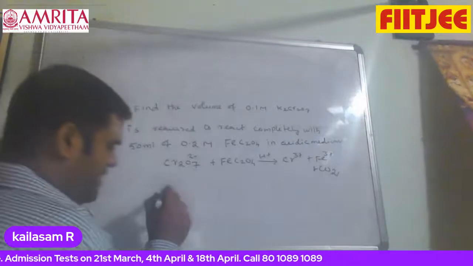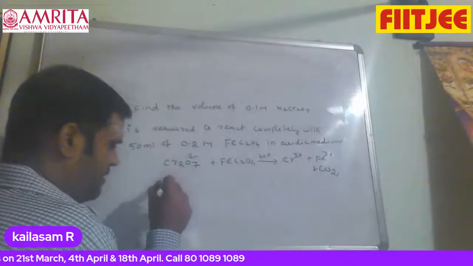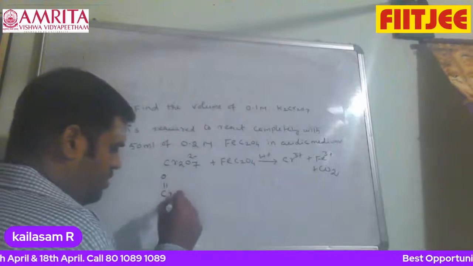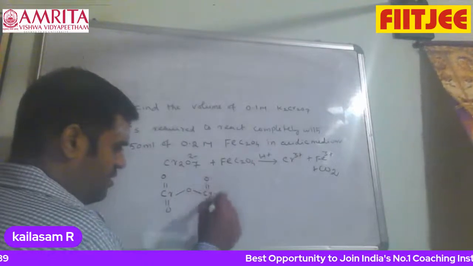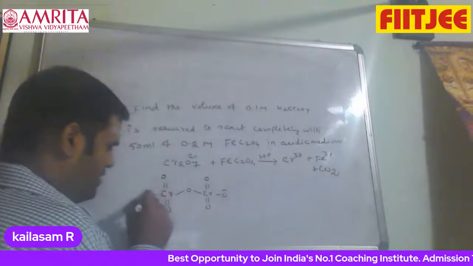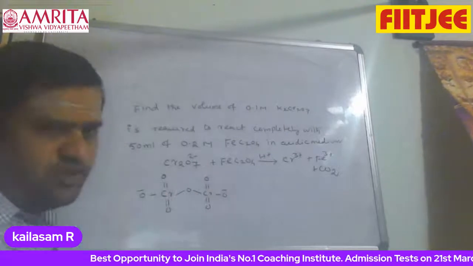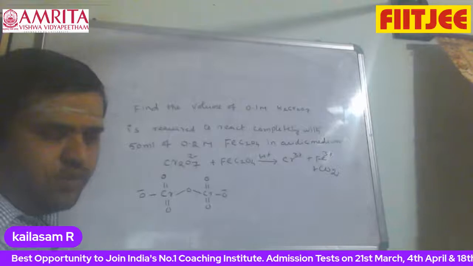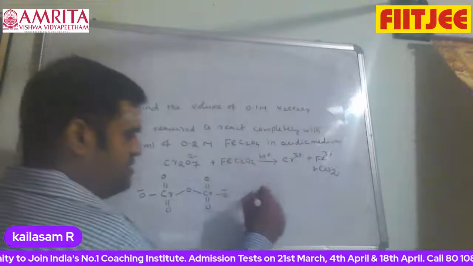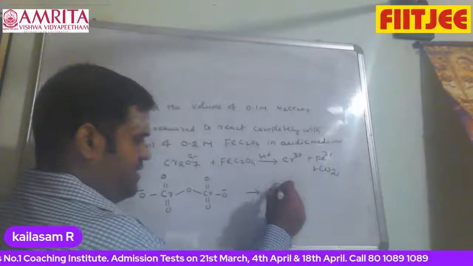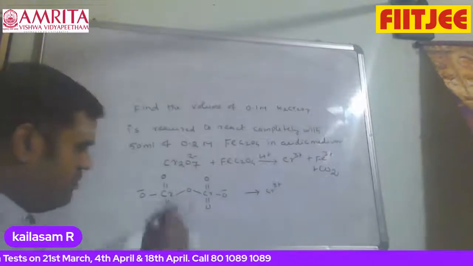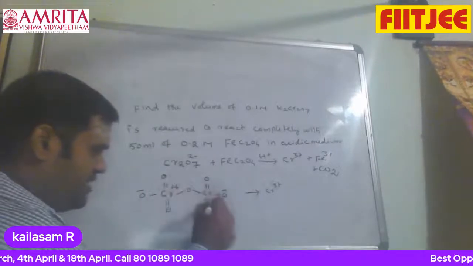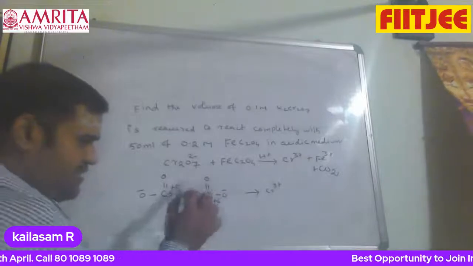That means we can write the Cr double bond O like this. This is the K2Cr2O7, that means Cr2O7 2 minus. The medium is acidic. It becomes what? Cr3 plus. Please observe. In this per molecule, how many chromium is there? 2 chromium. Each chromium is in plus 6 state. Plus 6 becomes plus 3.